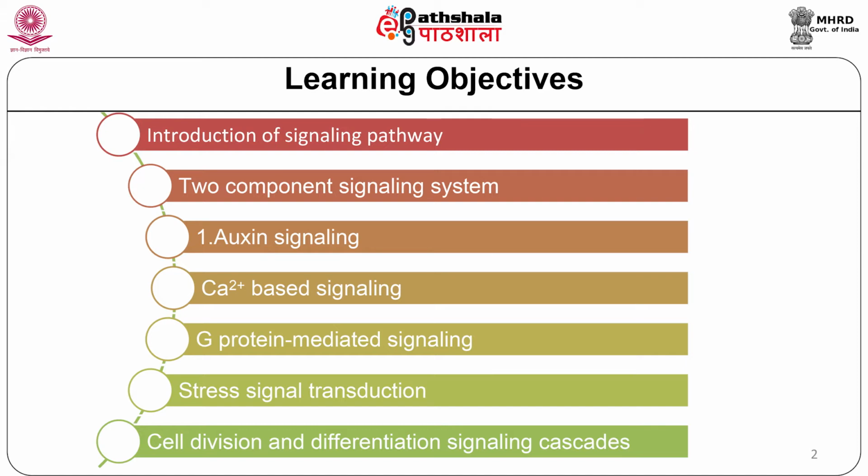Plant signaling pathways differ in significant ways from those of animals in selection of transmembrane receptors, secondary messengers and dedicated mechanisms for environmental cues such as stress, drought and light.